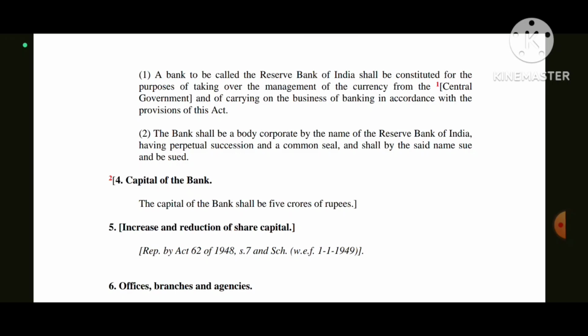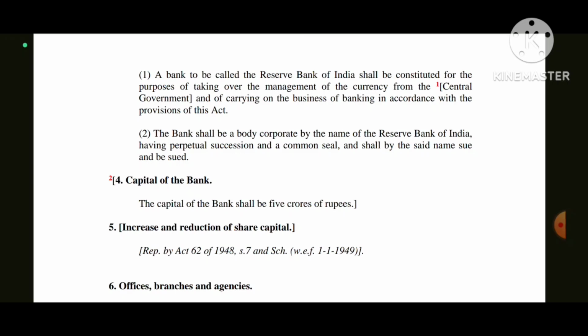Then subsection 2 of section 3. The bank shall be a body corporate by the name of the Reserve Bank of India, having perpetual succession and a common seal, and shall by the said name sue and be sued.